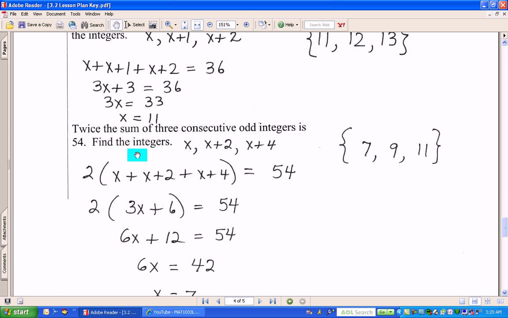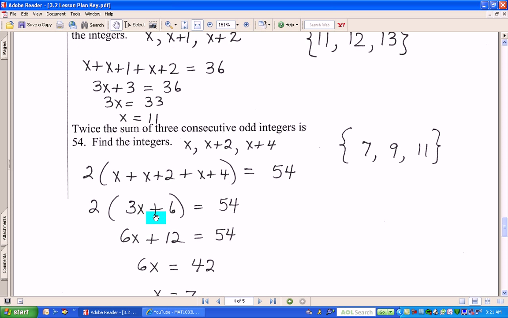So the way I set this up, twice means 2 times. The sum of the three consecutive odd integers, x, x plus 2, and x plus 4, are in parentheses because that sum is being taken, then twice it is being done, and this is 54.